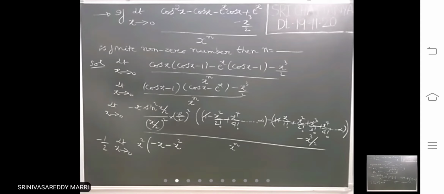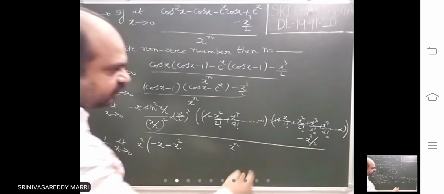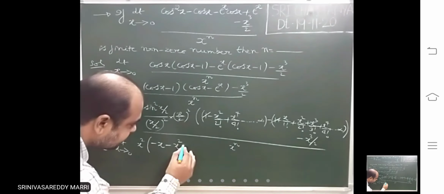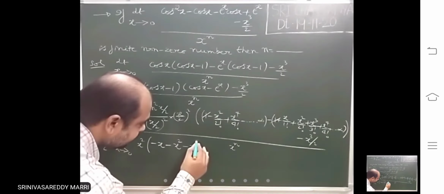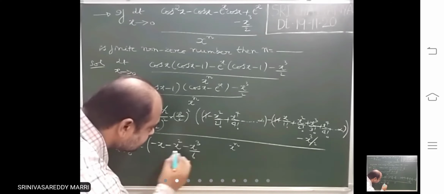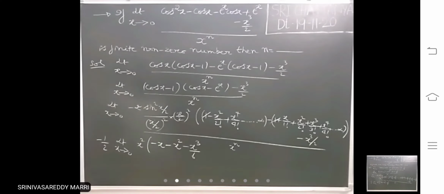So next is what? Next x cube. Here minus x cube by 6, the next highest power, minus x cube by 6, minus x cube by 6. So next is x power 4. What will it become?